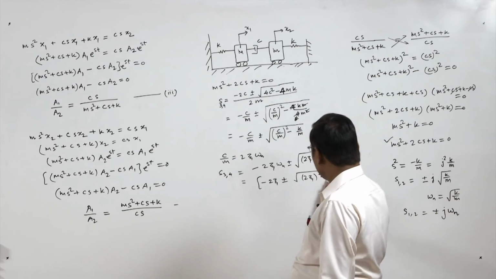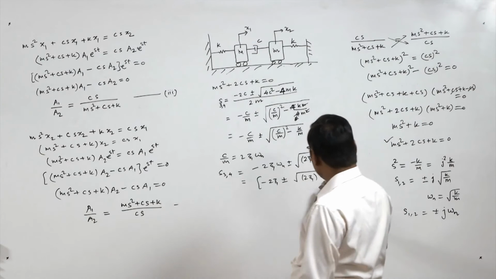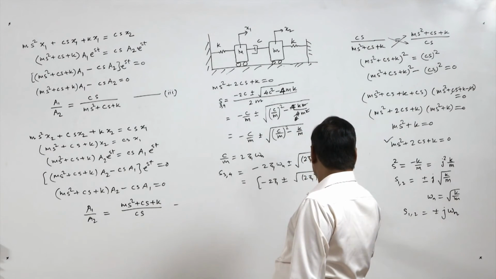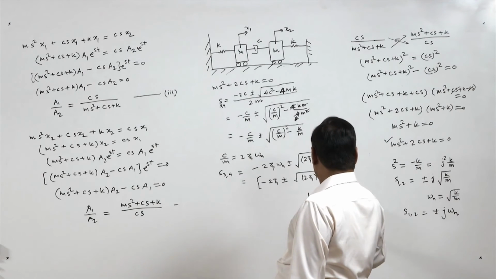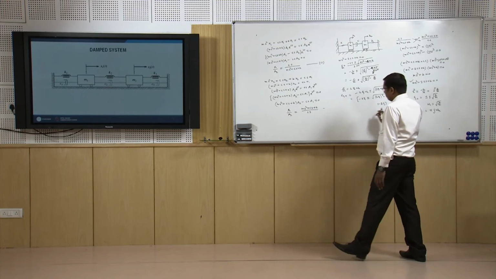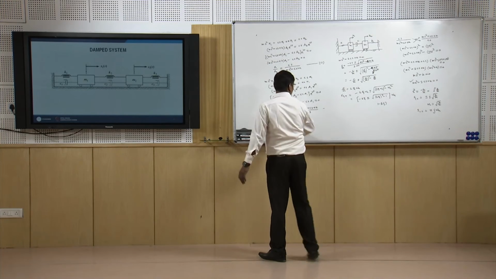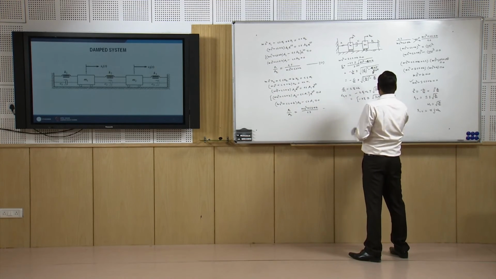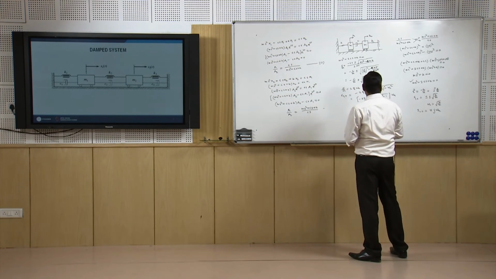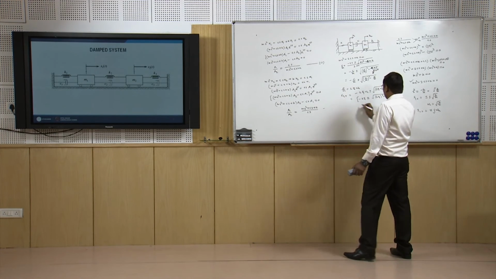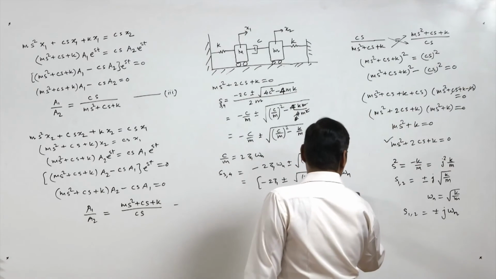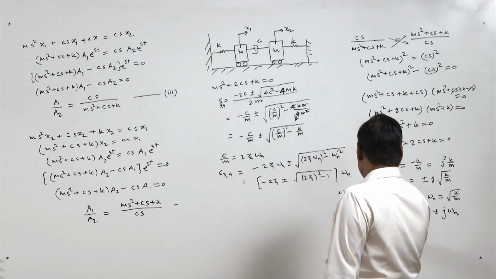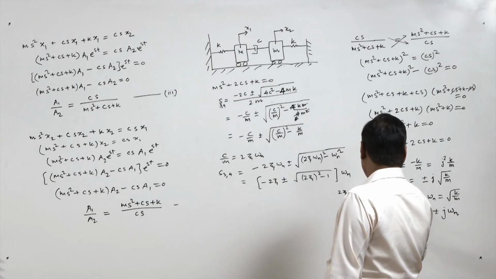Now we assume that this part is such that 1 minus (2 zeta) whole square is positive, so 2 zeta is less than 1, which means zeta is less than half.